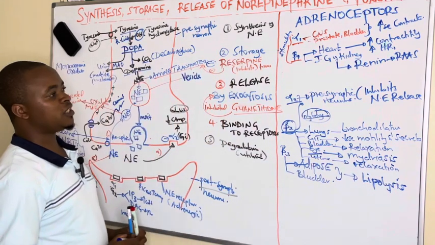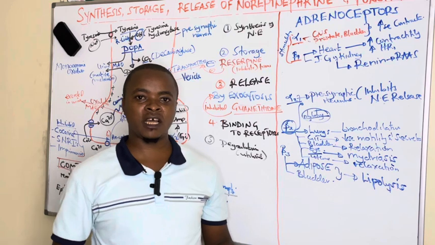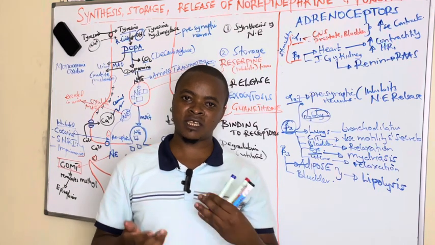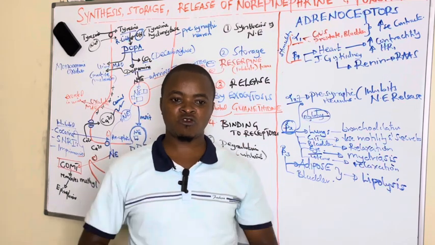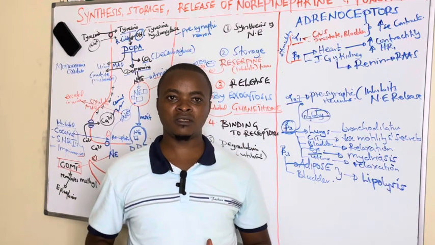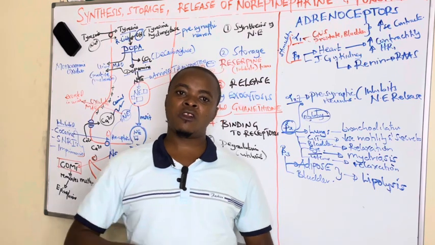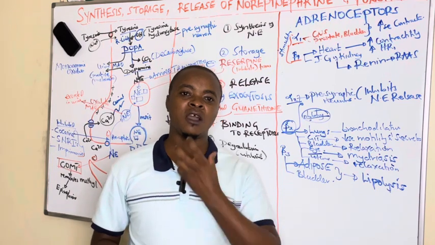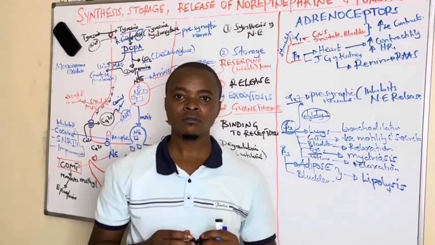So these are the different functions, because when there is a fierce lion in front of you, or someone has scared you and you want to run, the heart contractions and heart rate should increase so that much blood is pumped to enable you to run. And when you want to run, the airway should also be open.